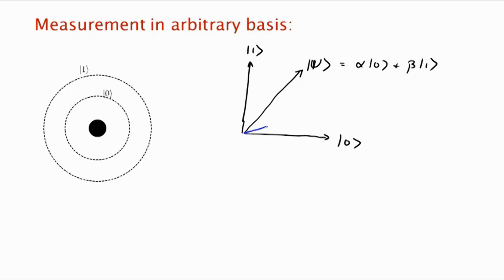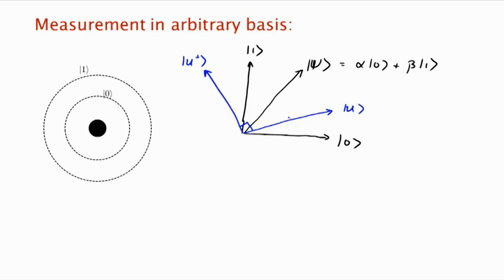So instead, let's pick a new basis which consists of this vector u and the orthogonal vector u perp. And we ask, what happens if we were to measure the state psi in this u, u perp basis?